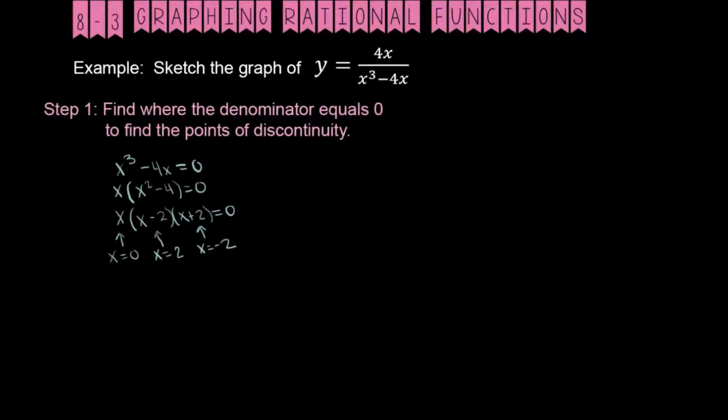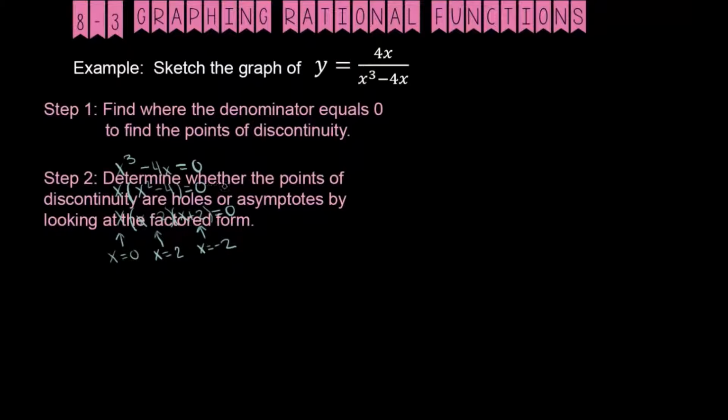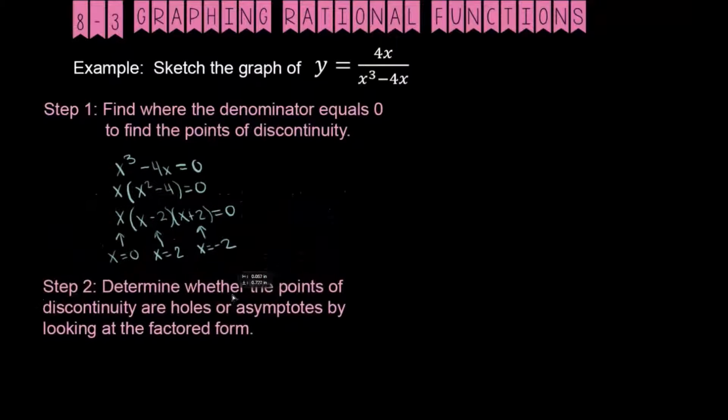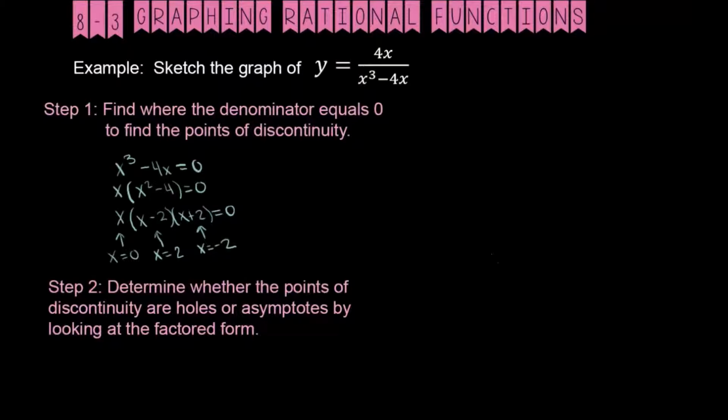So then our step 2 is to figure out whether these points of discontinuity are holes or asymptotes. In order to do that, we need to look at the factored form of our equation. I can take the numerator and think of it as 4 times x.